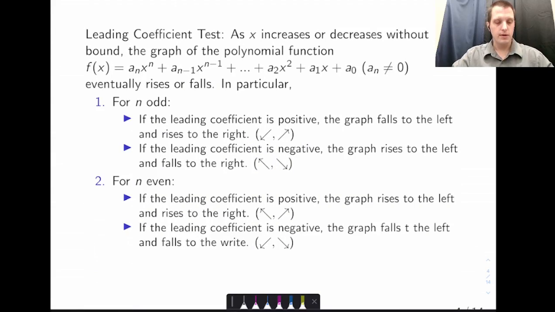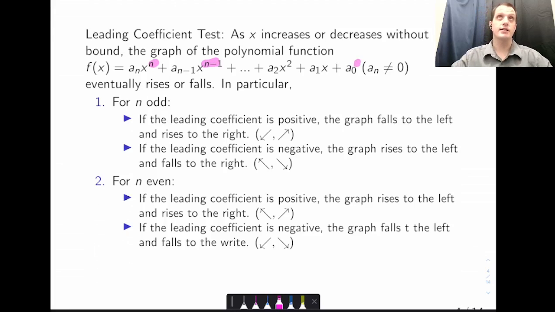All right, so there is the leading coefficient test. So as x increases or decreases without bound, i.e. as it goes to positive or negative infinity, the graph of the polynomial function, which we saw earlier, so here is the highest power, the second highest power, the lowest power.